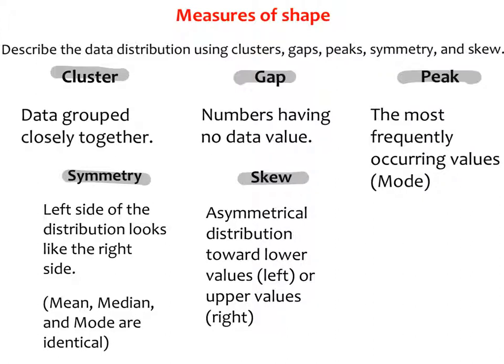We can look at the graph, whether it be a dot plot, a stem and leaf plot, a histogram, a box plot, and we can look to identify clusters, gaps, peaks, and then whether or not that graph is symmetrical or skewed. Remembering, skewed could be left or right.